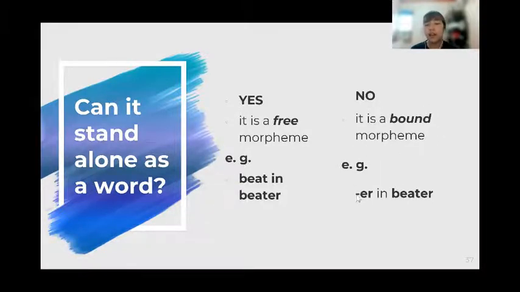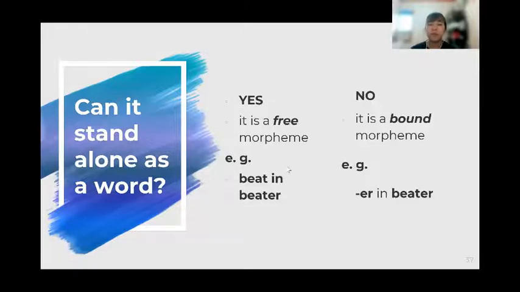Such as the suffix er in the word bitter. So the er has no meaning if you use it by itself, right? For example, I used an in beating the eggs. So the an has no meaning by itself.